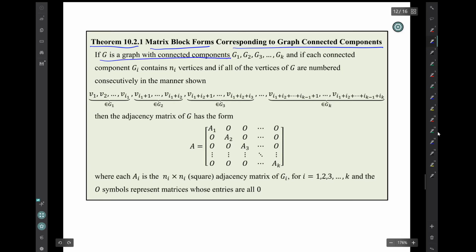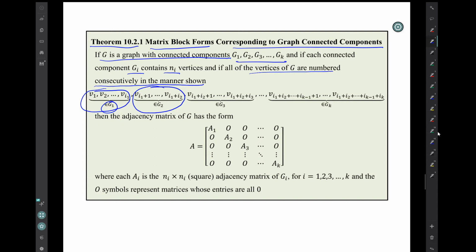If a graph G has connected components G1 to GK, and each of the connected components contains n subscript I vertices in component G subscript I, and if all the vertices are numbered consecutively in this manner, so the first batch of numbered vertices are in the first connected component, and then the next batch of sequentially numbered vertices are in the next component, and so forth, then the adjacency matrix has this what's called block form.